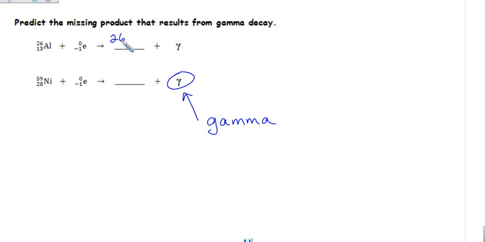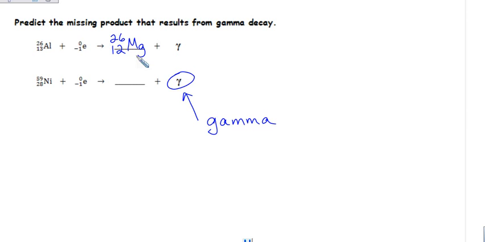But the atomic number is going to go down by 1. 13 minus 1 is 12. I want to look up element 12 on the periodic table. Magnesium. And then again, the gamma, that's not necessarily a particle. That's going to be a form of energy. High energy.